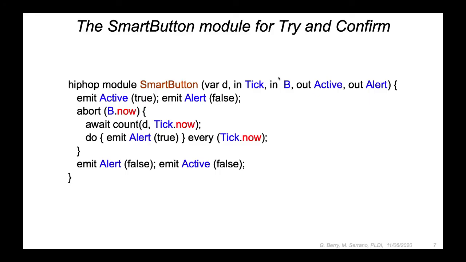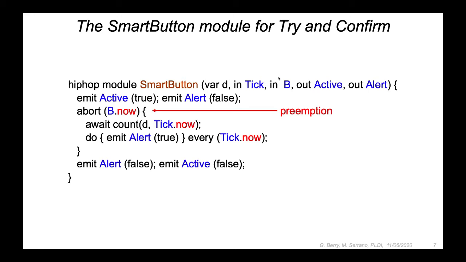We start with button active and button not in alert mode, so by emitting active true and alert false. And then we enter an abort statement. Abort is a preemption statement. That means it will execute its body until this body terminates or until b.now occurs, which means that you press the button.